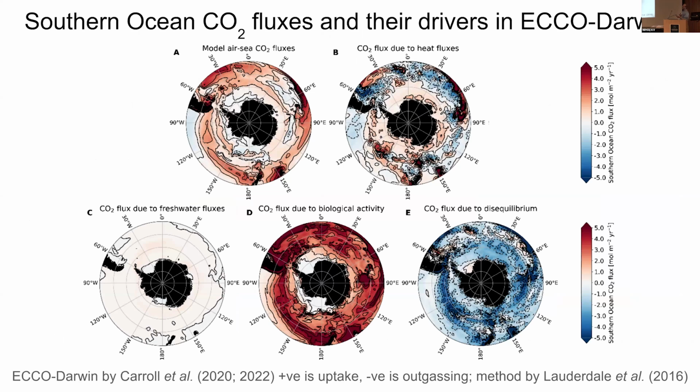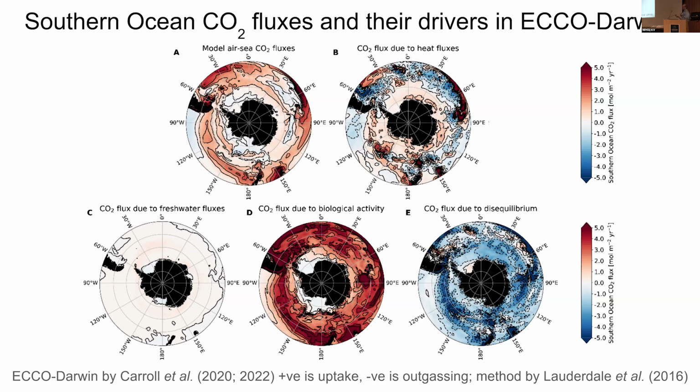So here's this breakdown. There's a method that I developed in 2016 where you can break down the CO2 flux into a flux that depends on temperature, a flux that depends on the combined effect of fresh water on DIC, alkalinity and salinity, a flux that depends on biological activity, and a flux that depends on a disequilibrium term.